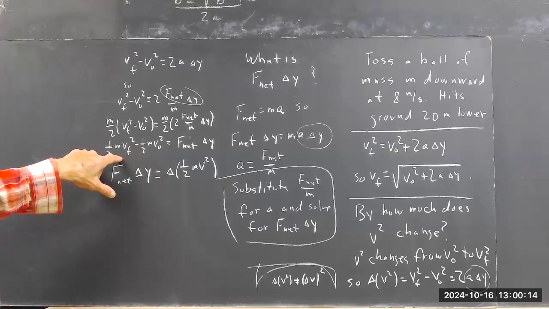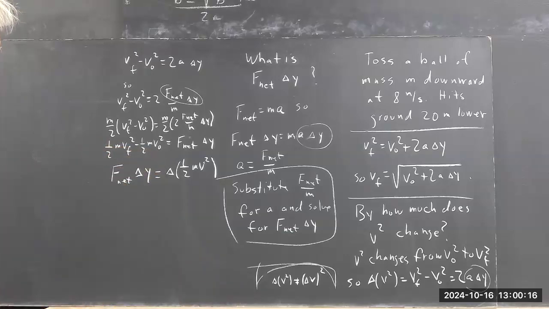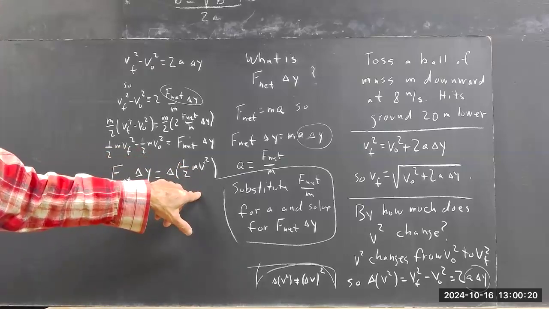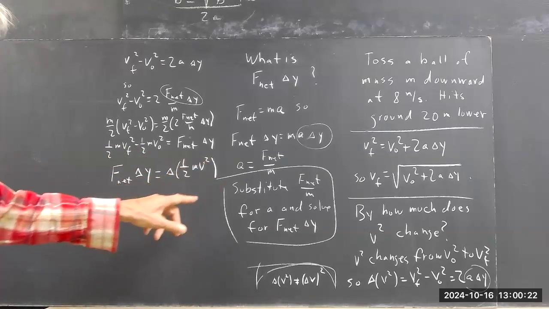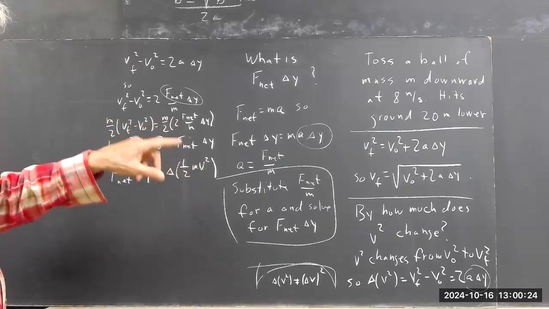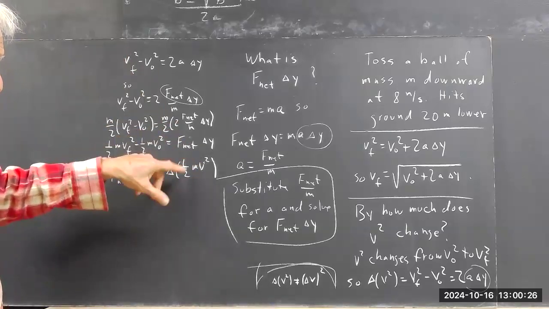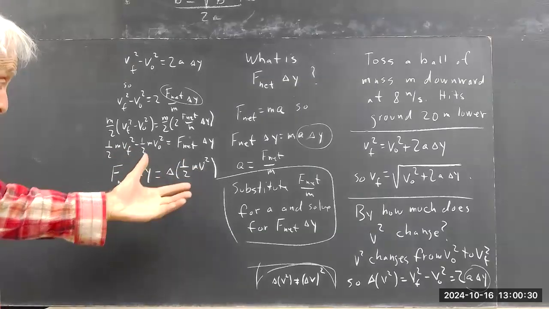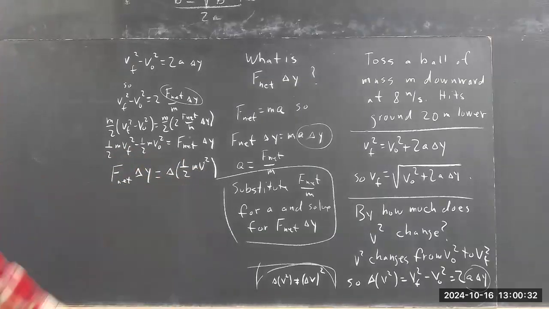Well, 1/2 MVF squared minus 1/2 MV naught squared is the change in MV squared, isn't it? Because 1/2 MV squared starts at 1/2 MV naught squared, ends at 1/2 MVF squared. So there's the change in 1/2 MV squared, right?